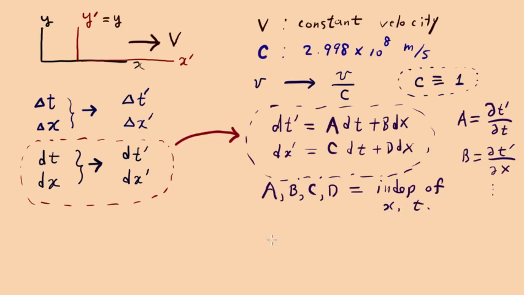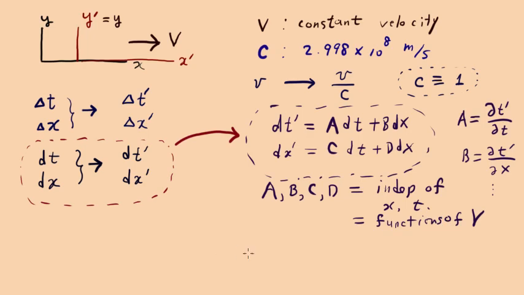And what else can they depend on? Well, notice that the defining number between this coordinate system and that coordinate system is this v, velocity v. So A, B, C, D must be a function of only one parameter, which is v.